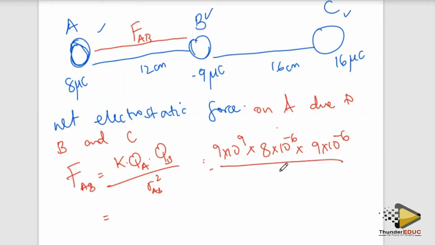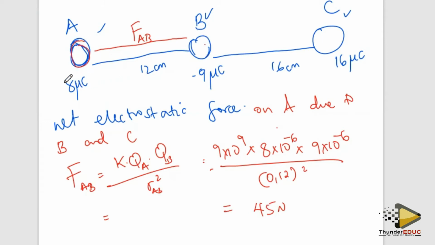Distance of separation is 12 centimeters, which will be 0.12 squared, and I convert that to meters. So that's 9 times 8 times 9 times 10 to the negative, okay, and then we're saying this is 0.12 squared. Okay, so this gives me just 45 Newton. Okay. Now that is the force on A as a result of B.